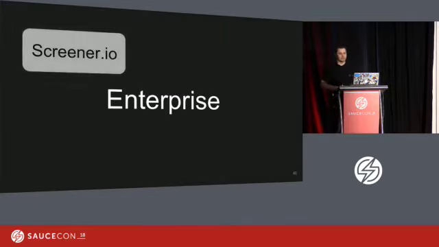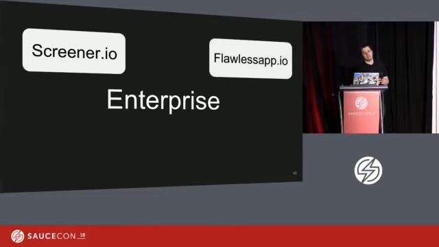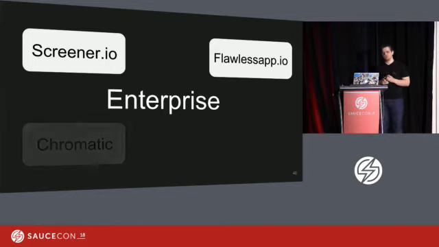Enterprise obviously jumped on this solution. We have Screener.io, which does a quite nice integration with Storybook to actually take screenshots of those components I showed in isolation. There is Flawless App.io, a startup in Europe that focuses on iOS visual testing.